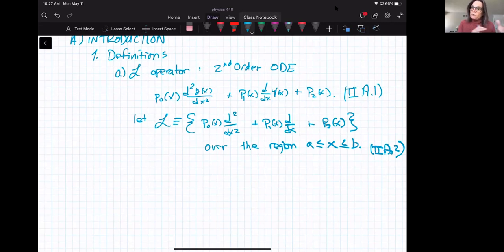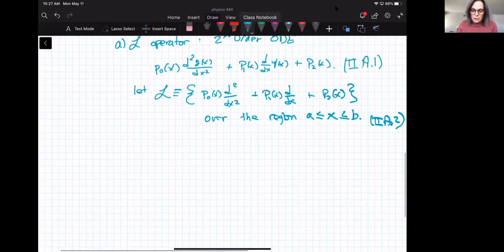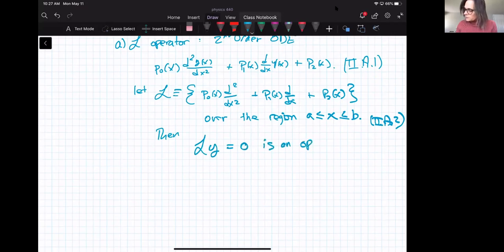But in the interest of carving out a week's worth of time of material in the move to this format of the class, I've passed over that because you've seen that recently in quantum. This is completely analogous in terms of differential equations. If we do all of that, then we can write this operation as L operating on y is equal to 0. It is an operator expression.